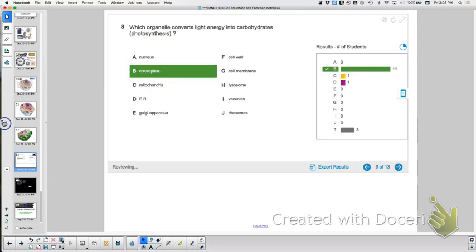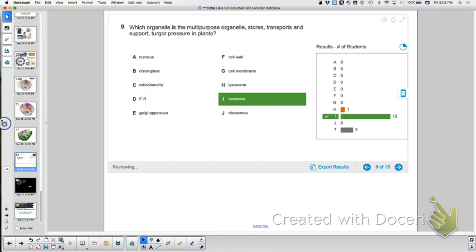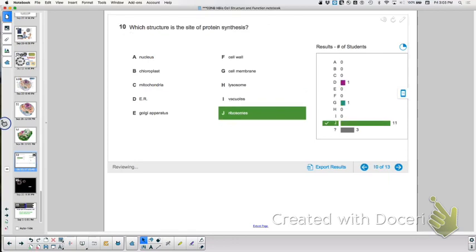Number 8, converts light energy into carbohydrates, chloroplasts. Multi-purpose is vacuoles. Somebody picked lysosome. What would I pick for lysosome? Stomach, digest. Good. Number 10, protein synthesis is ribosome. Remember, I specifically said don't put ER, but we still have somebody doing that.